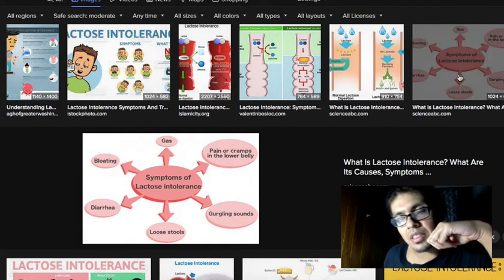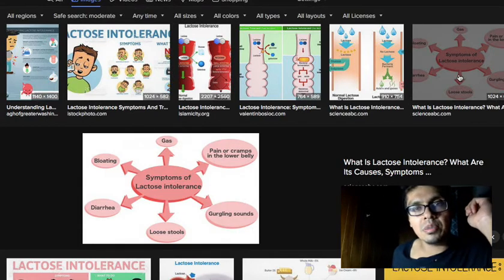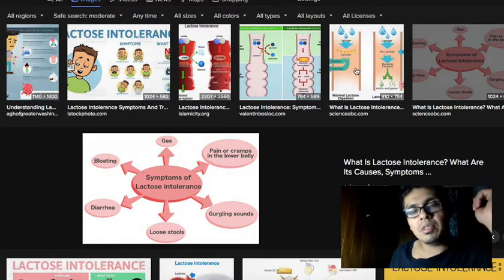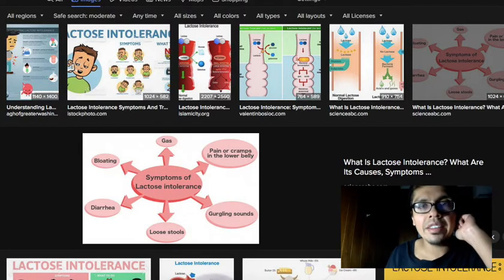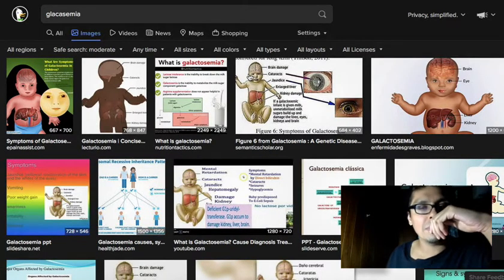Now, there are two other diseases which are worse than simple lactose intolerance, and those are autosomal recessive disorders. That disease is called galactosemia.